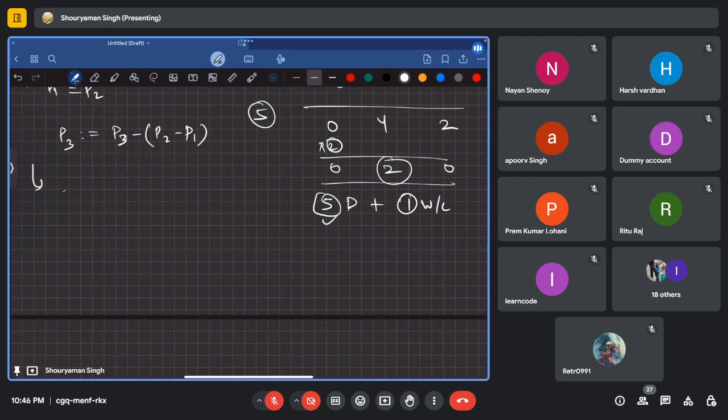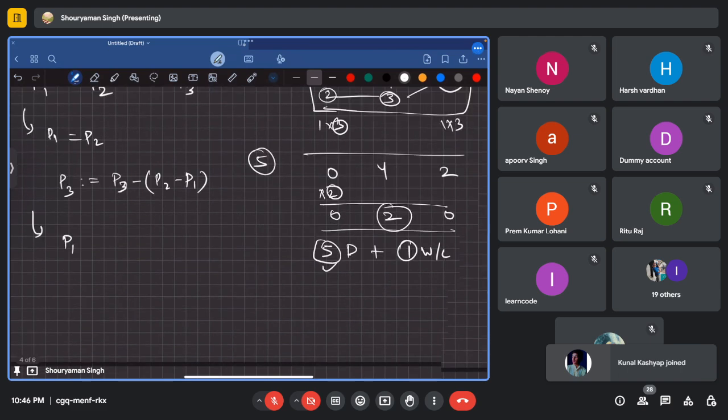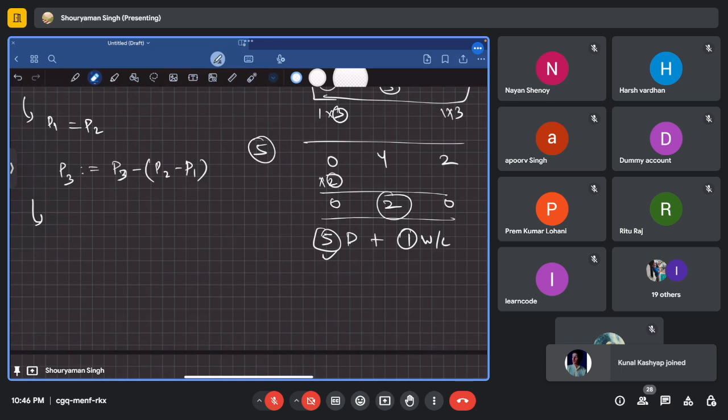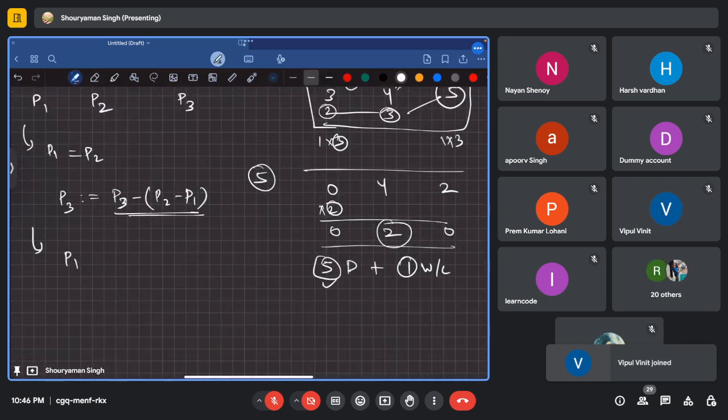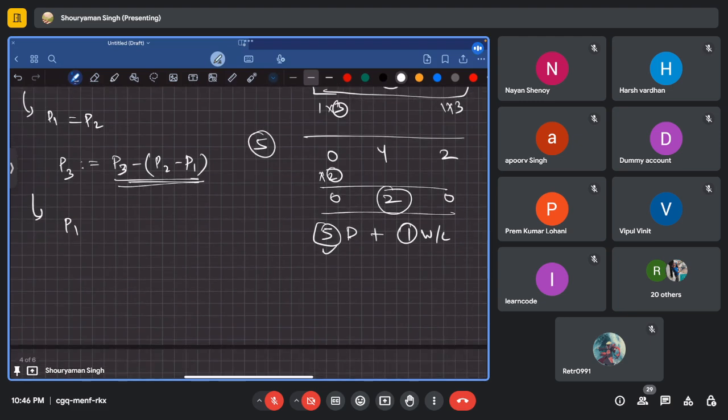It would look something like, let's say, this one is P1, and you subtracted this by P2 minus P1, and you came here and did that also. P2 is equal to P2. This is P1, this is P2, and this is P3.